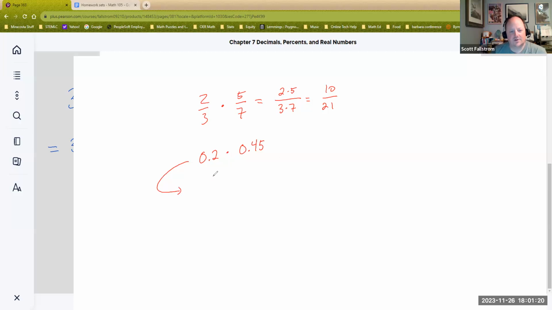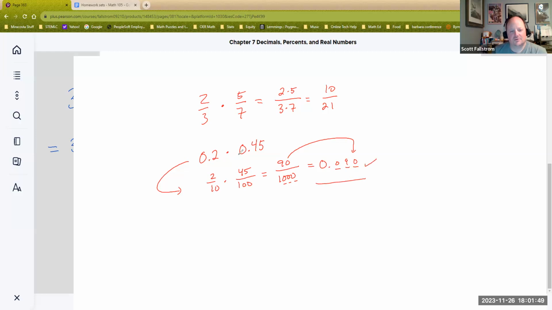So here, this would be 2/10, and that would be 45 hundredths. And when you multiply straight across, 2 times 45 would give you 90. 10 times 100 would be 1,000. My final result has 3 decimal places. So I would write 3 decimal places and then start writing. And I'd put this in.